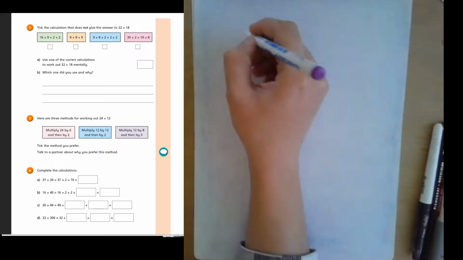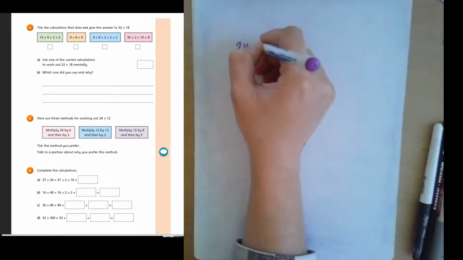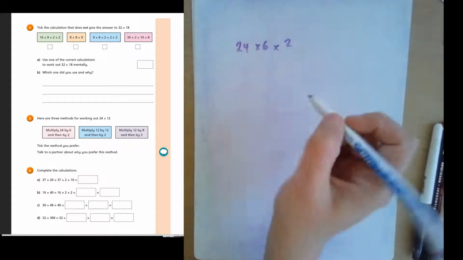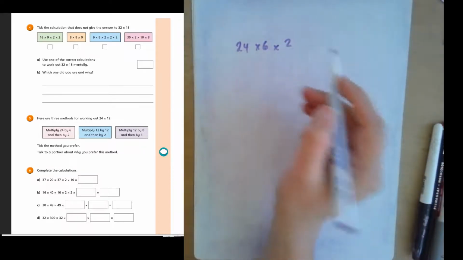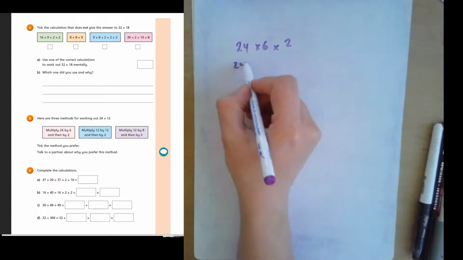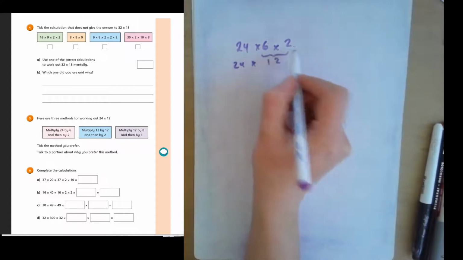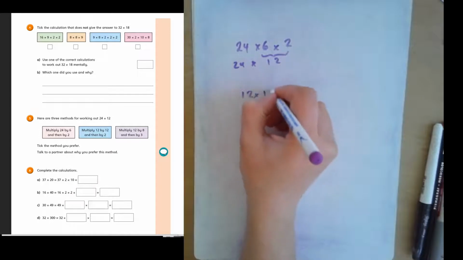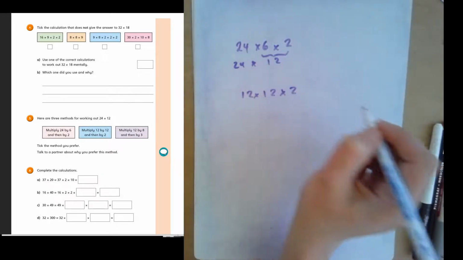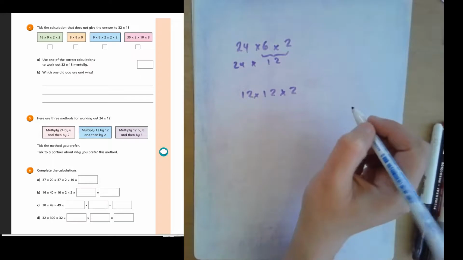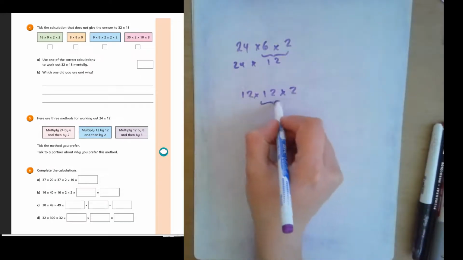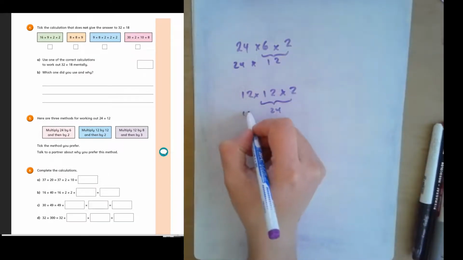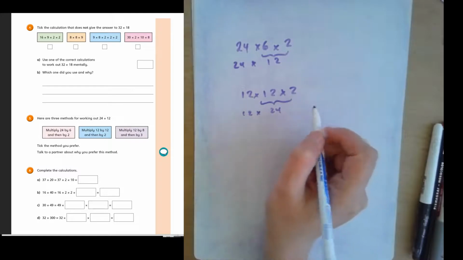So let's just go through each of them because, hey, I like doing numbers. 24 by 6 and then by 2. Yep, that would work because it's 24 times 12 if I collect them together. Next one is 12 times 12 times 2. Ooh, that's quite a nice one. So 24 times 12: this would be my 24, this would be my 12, so that works out as well.